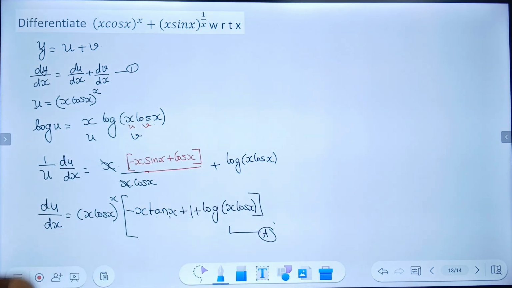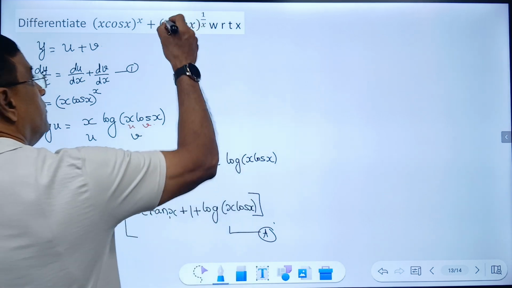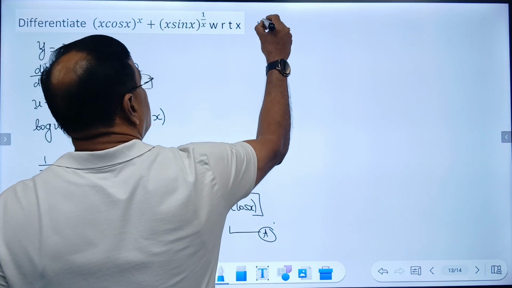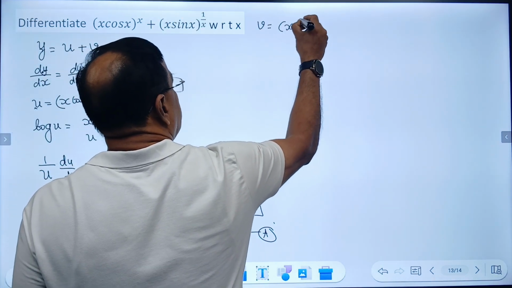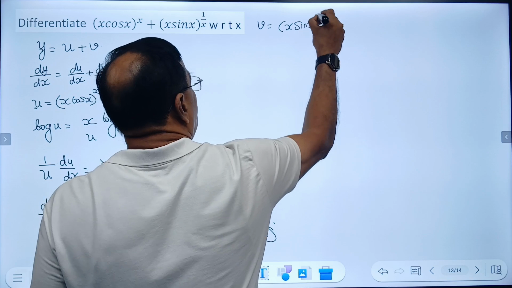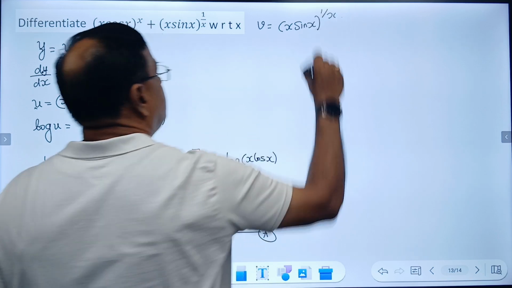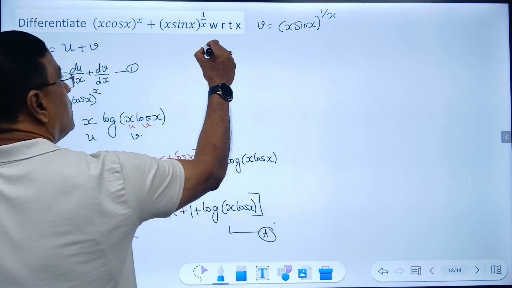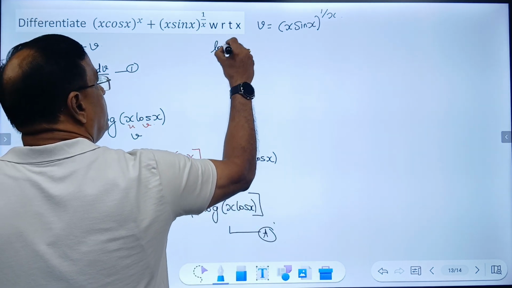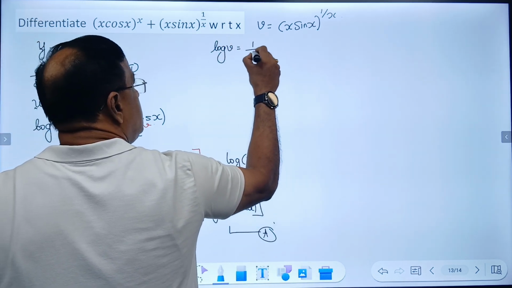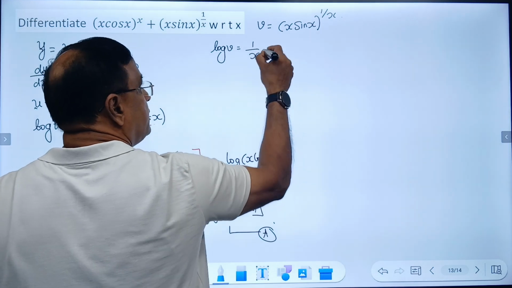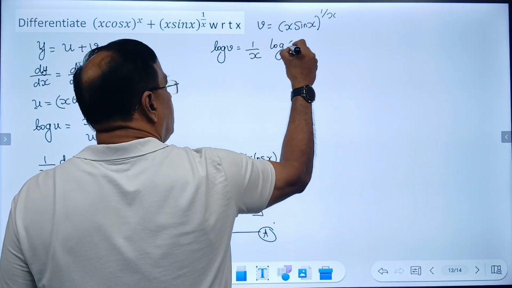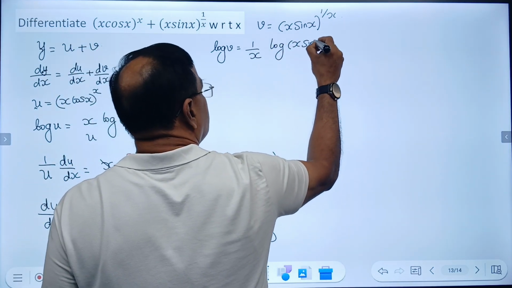Very simple. Now you have to go for v. Now what is v? V is x sin x, the whole power 1 by x. Again it is variable raised to the power of variable. Take log. Log v equal to 1 by x, log of x sin x.